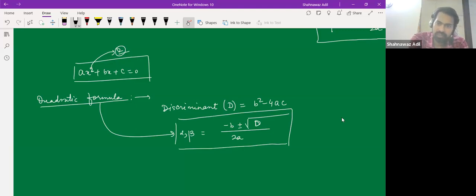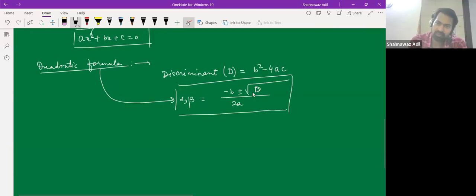If D is less than 0, we can see from here that we get a negative number in the root. That is imaginary, so we get non-real solutions, right? If D equals 0, then alpha and beta are both minus b by 2a, so we get real and equal roots.